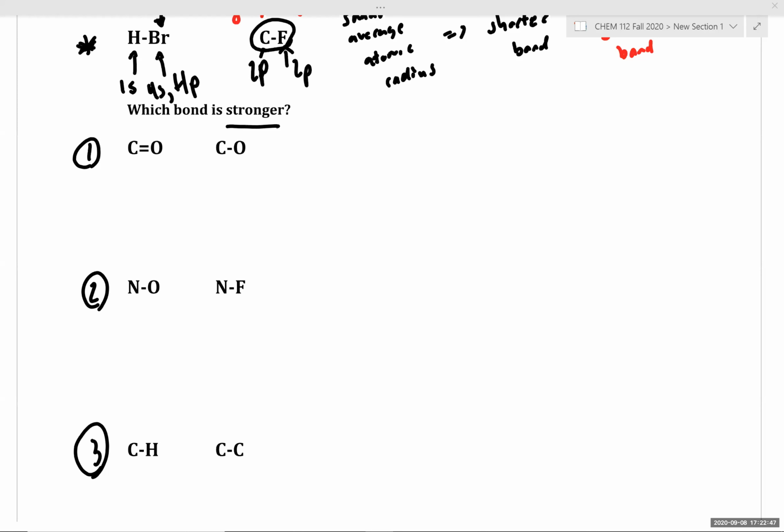We'll discuss in about another minute and a half. And remember, in general, shorter bonds involving lower energy orbitals are stronger.